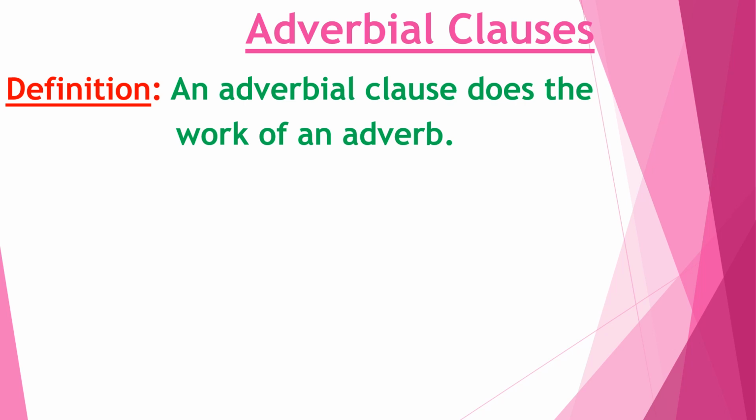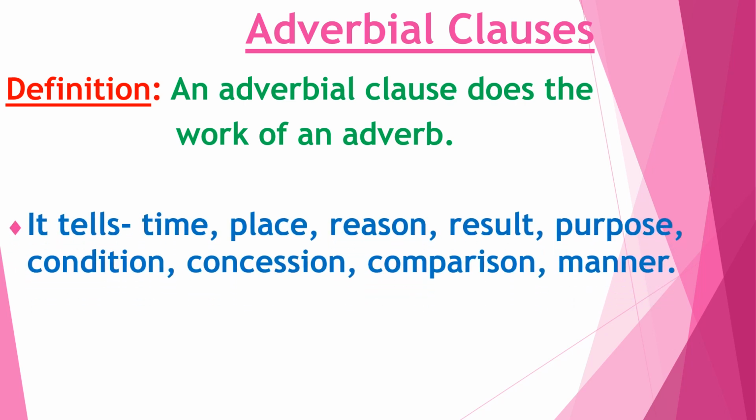Similarly, a subordinate clause modifies an adjective, a verb or another adverb. This is called an adverbial clause. Now it tells time, place, reason, result, purpose, condition, concession, comparison and manner.